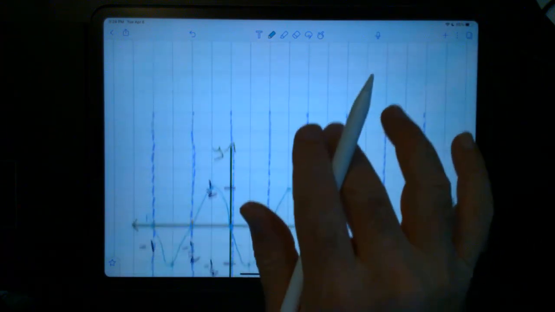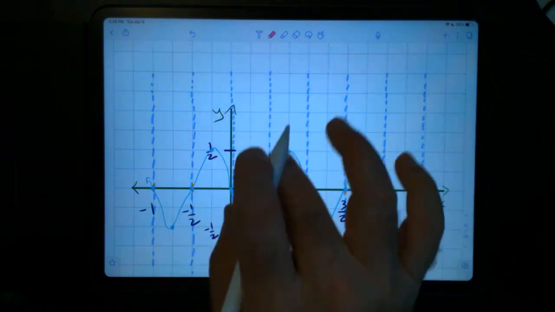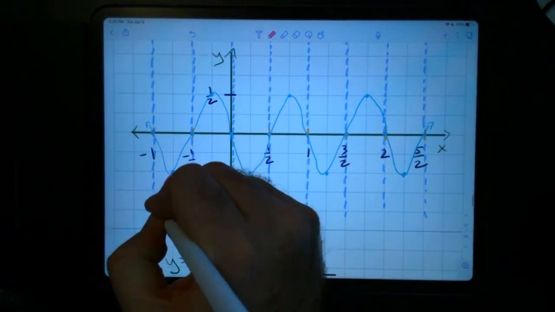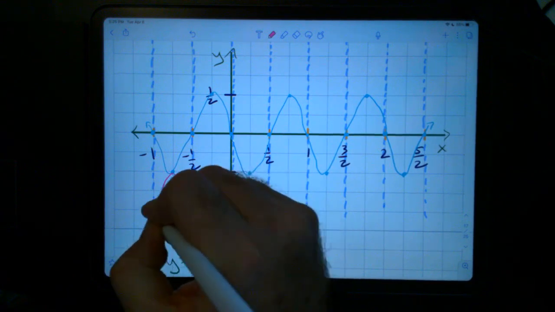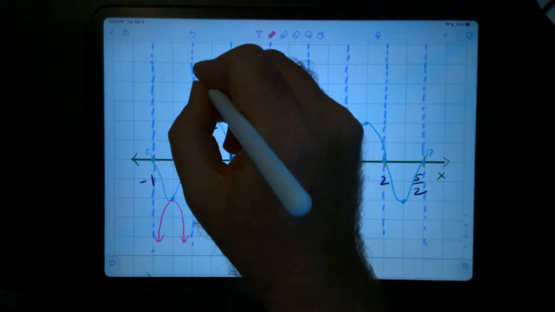And cosecant is the reciprocal of sine. And so all of these valleys do this, and all of the mountains, we can do this.